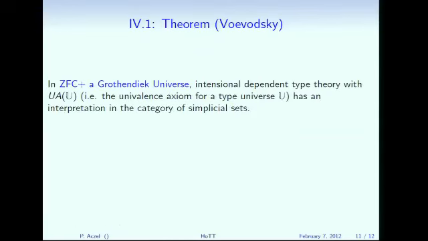Okay, so the type theory with the univalence axiom is consistent. Voevodsky has a proof that the univalence axiom for a type universe U can hold when you interpret type theory in the category of simplicial sets in a suitable way.